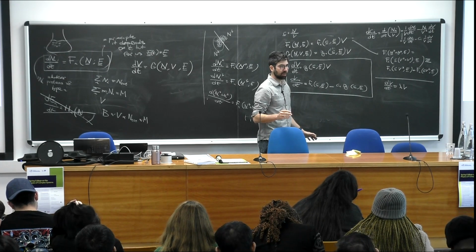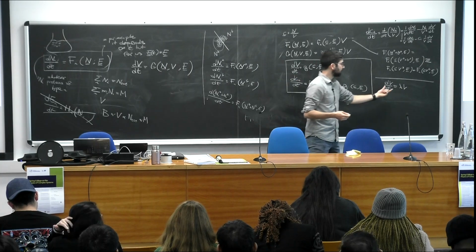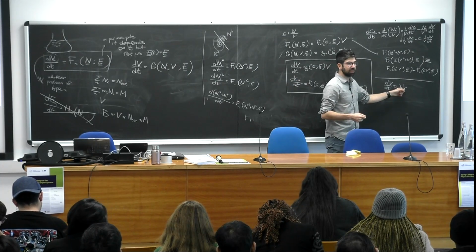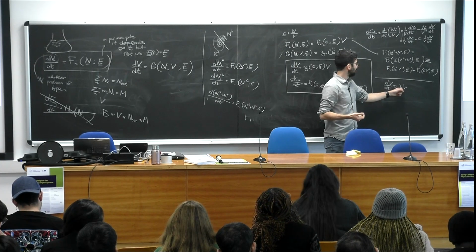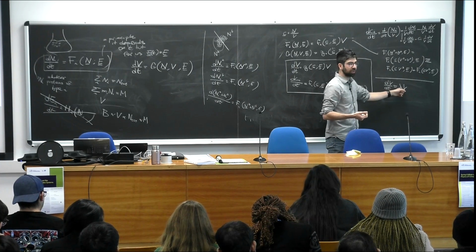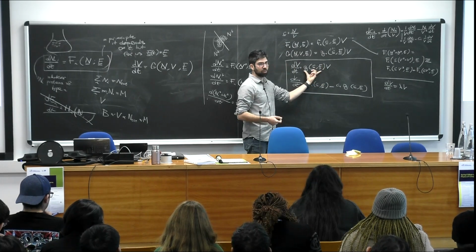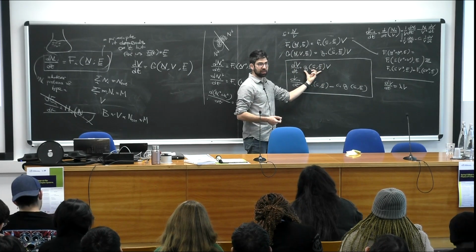Exponential growth corresponds to the case where the rate of growth is linear in the volume, so this lambda is constant.